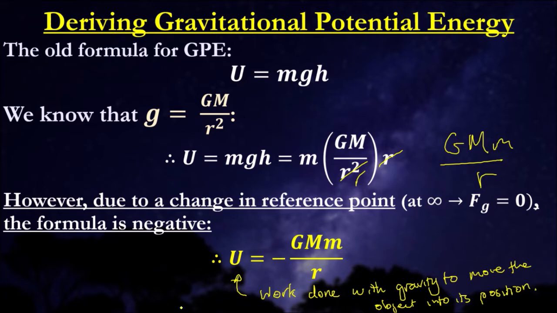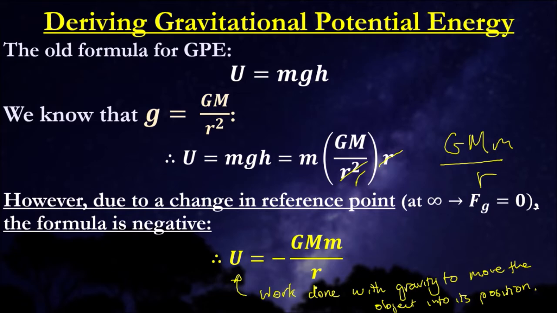Now, if you're not totally convinced by this, when you actually come up with the equation for gravitational potential, you use, I think it was either differentiation or integration from the universal gravitational law of force to find this, and that explains the negative as well.